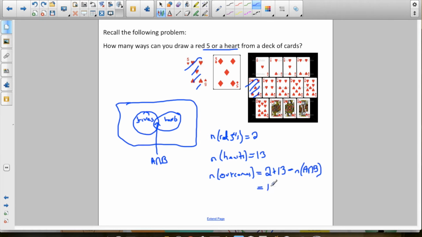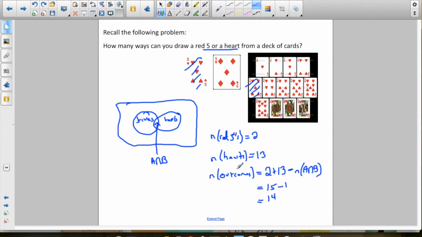So we have 15 minus the 1 overlap because we've double counted it. If I take 2 plus 13, I've added the 5 of hearts twice, so that means I have to subtract it once.